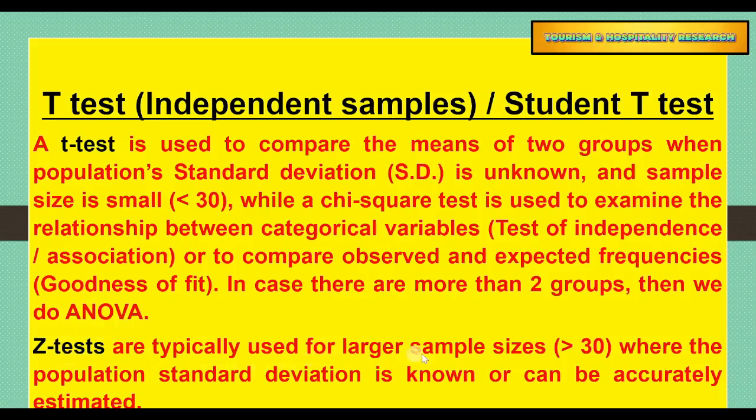Z-tests are typically used for larger sample size, where the population standard deviation is known or can be accurately estimated. So now, in just one slide, I've tried to explain to you when to use a t-test, how it is different from a chi-square test, and ANOVA and Z-tests.